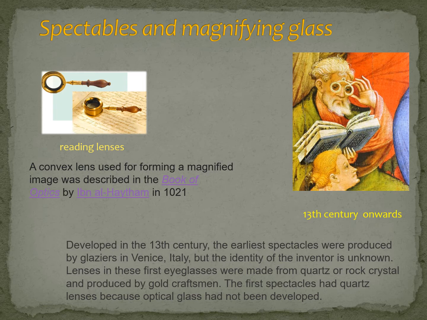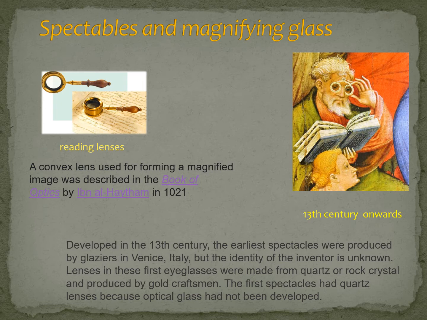Reading lenses have been used ever since man knew glass, but the first person to actually describe how to make a convex lens and use it for building a reading lens was Ibn al-Haytham in 1021, an Arab, in the Book of Optics, the first book really dedicated to optics, which influenced enormously the construction of lenses to be used as reading lenses.